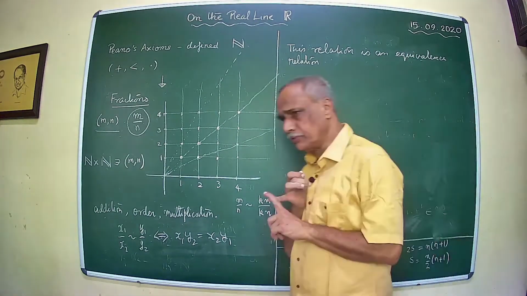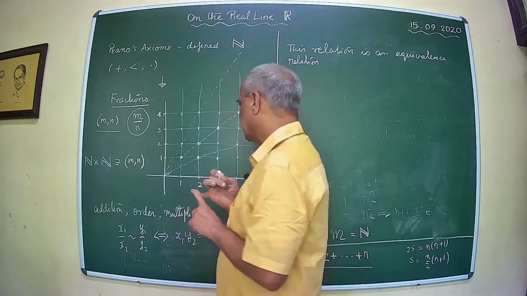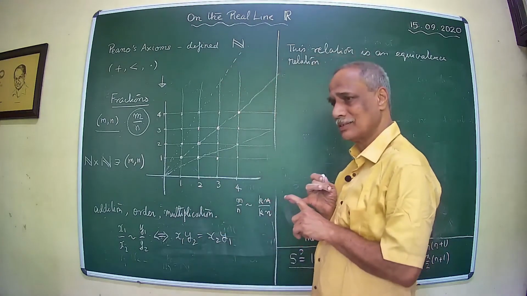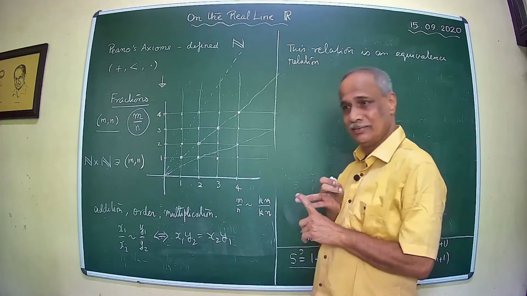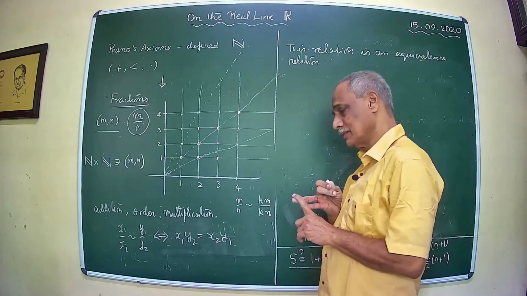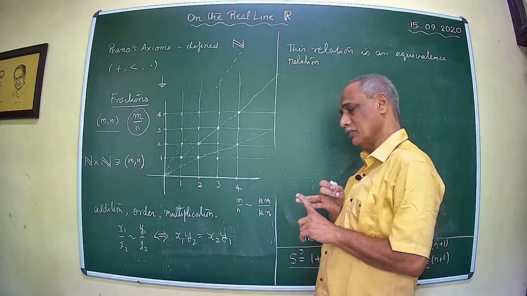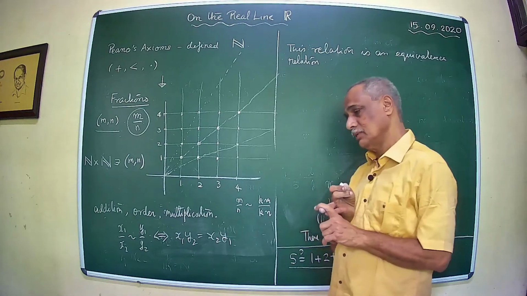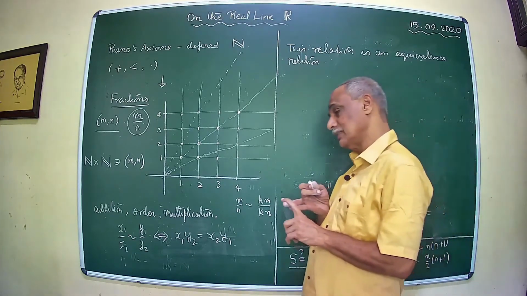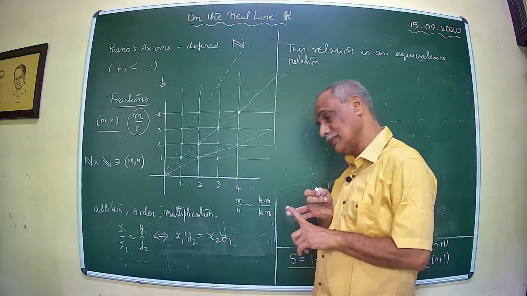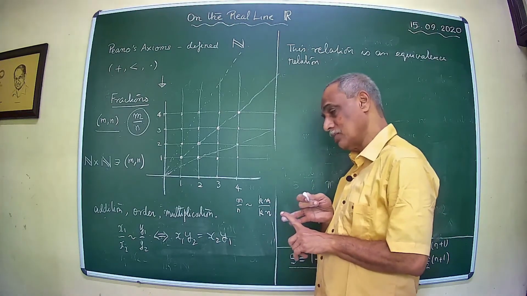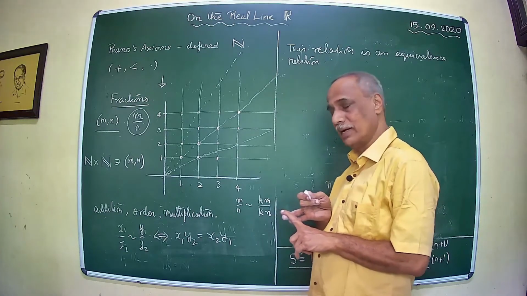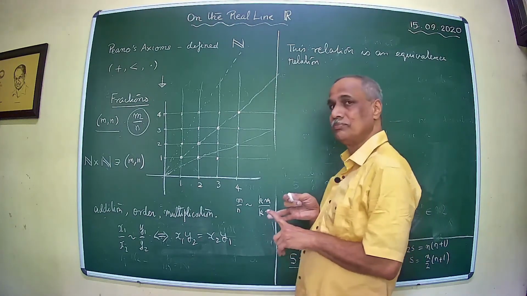It is reflexive. What's the next property? It is symmetric. That is, we say that x is related to y. The relation is such that x is related to x for every x. x is related to y implies y is related to x. Then you call it symmetric.